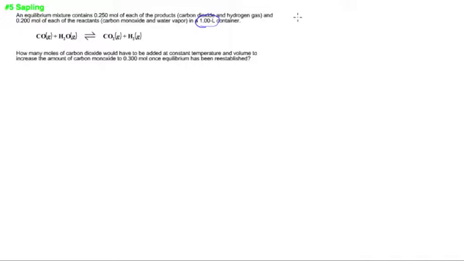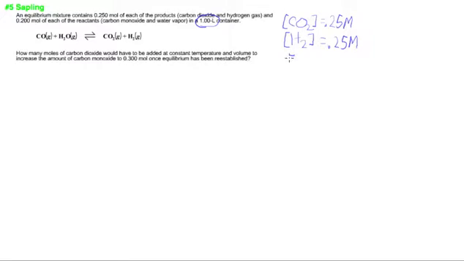So we have the CO2 concentration is going to be 0.25 molar, and the hydrogen gas concentration is also going to be 0.25 molar. Okay, and I'm getting that from 0.25 moles divided by 1 liter.